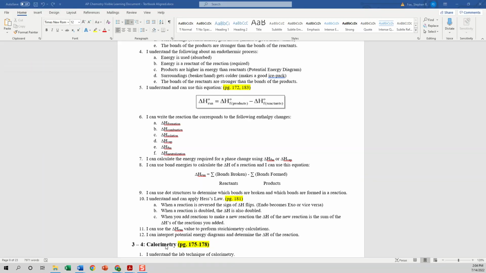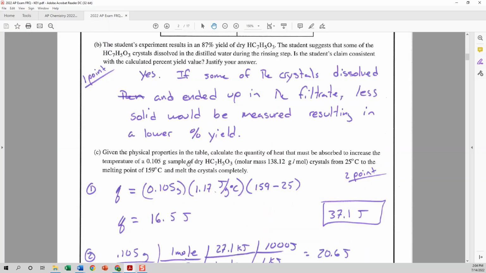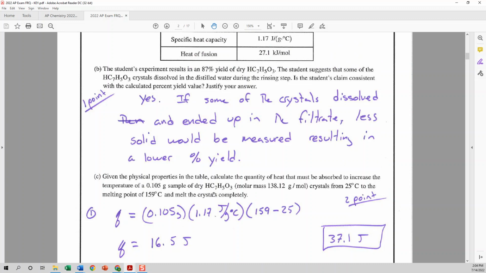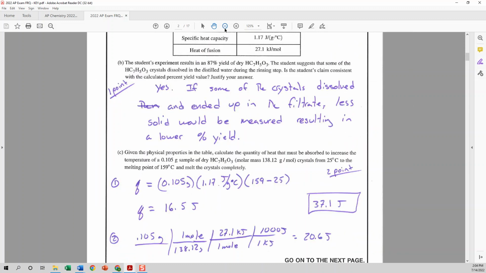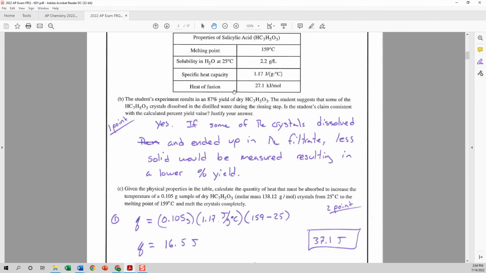So let's look at the answers here. I didn't sketch a heating curve on my answer key, but understand what we have to do. The first thing is we're starting at 25 degrees Celsius. We have to heat the solid up to its melting point. So we have to do Q equals MCAT to go from 25 degrees Celsius to 159 degrees Celsius.